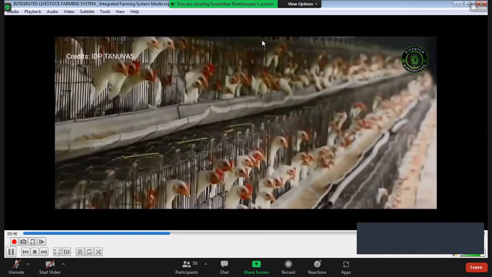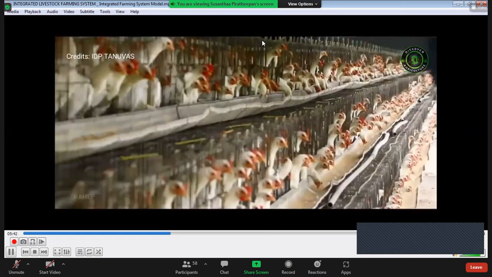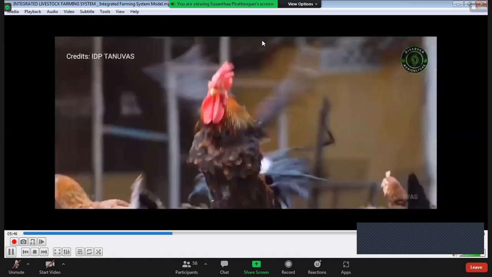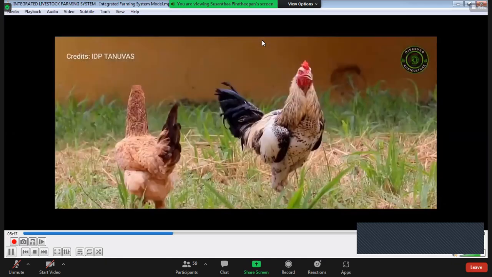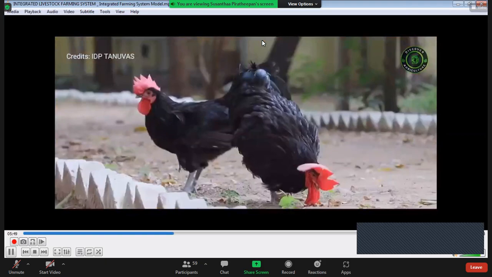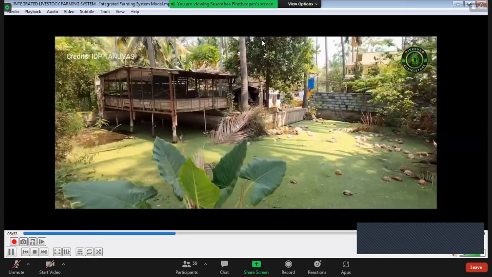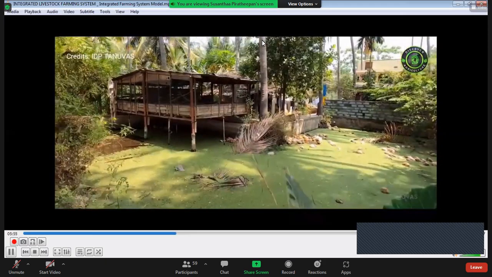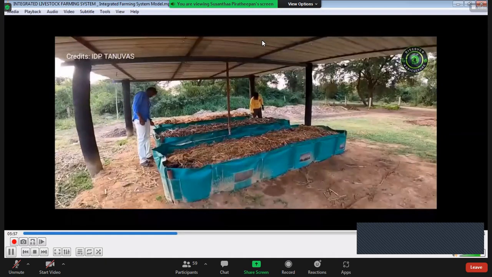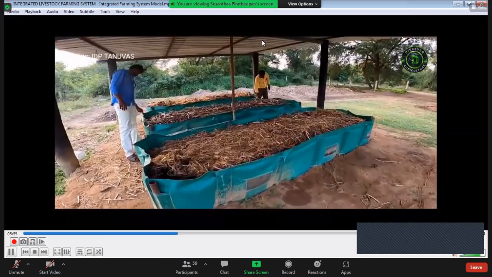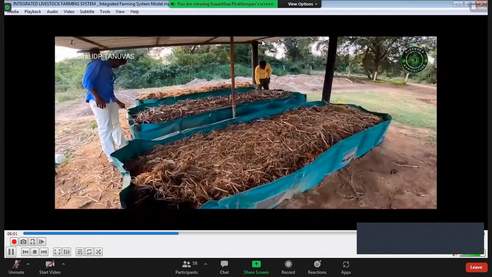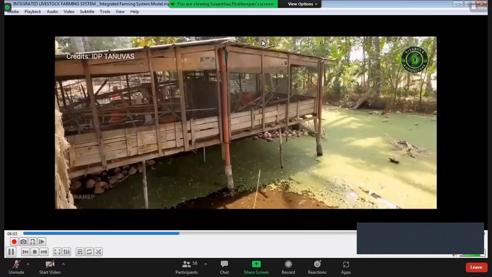About 100 to 200 layer birds like white leghorn or native chicken like Aseel, Nicobari and Kadaknath can be reared in sheds of 20 feet by 20 feet, which will produce litter material adequate enough for vermicompost production or to fertilize 30 cents of pond.